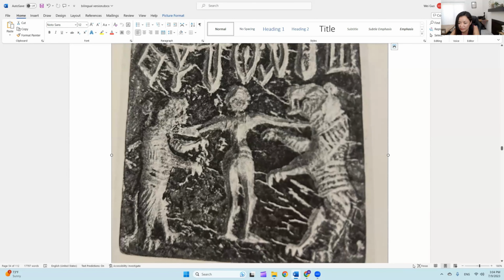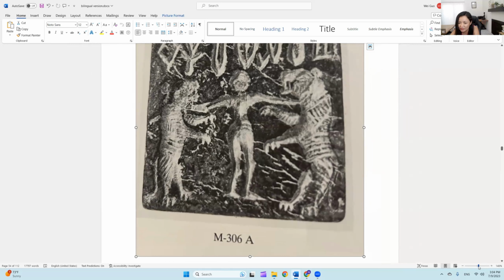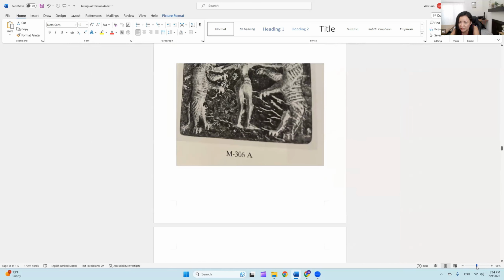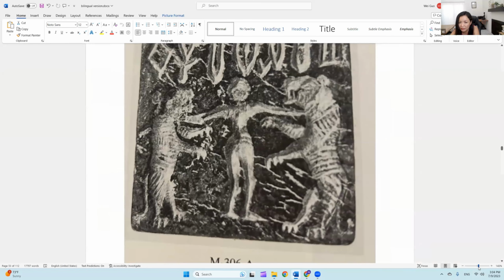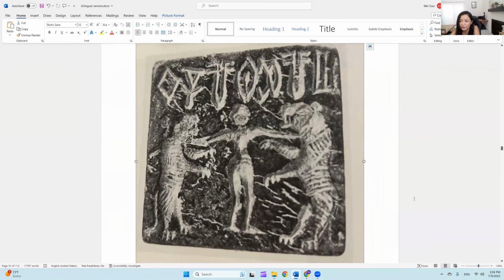That looks like Gilgamesh to me. Let's look at this. This sign we can see all over the world, right? You can see a person sometimes with this on a seal. It's two tigers, but sometimes it's two snakes.